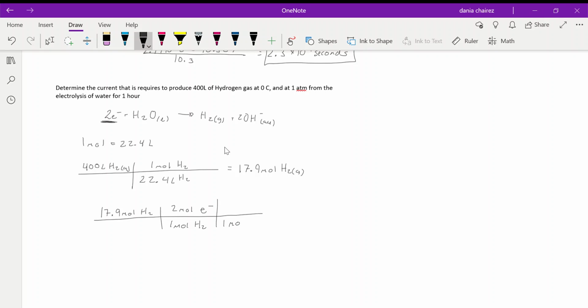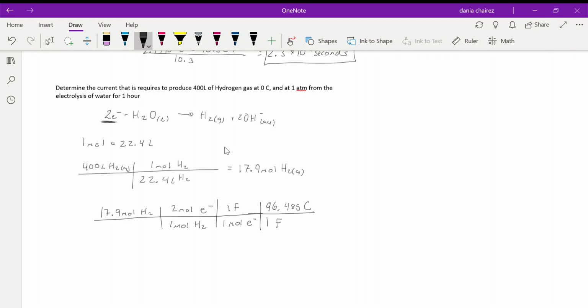And per 1 mole of electron, we have 1 Faraday. Your Faraday constant, for some reason, changes in the problems, and it's kind of annoying, but just keep track of whatever Faraday they give you. In this case, they said that it was 96,485 coulombs.